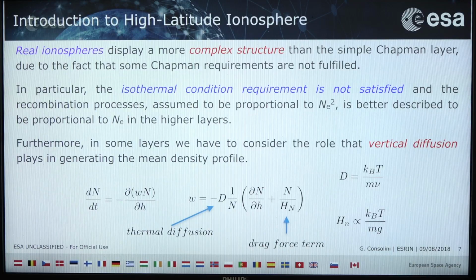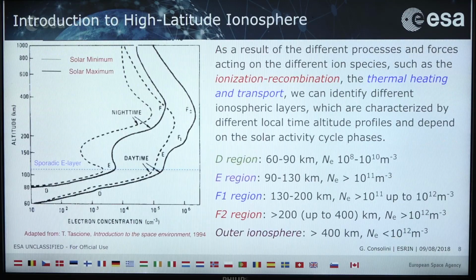Furthermore, in some layers we also have to consider vertical diffusion, which generates the mean density profile. So this essentially means that we have to consider another term. We have thermal diffusion and drag force. This is the thermal diffusion coefficient, this is the drag force coefficient. If we introduce all these terms together, we get better profiles.